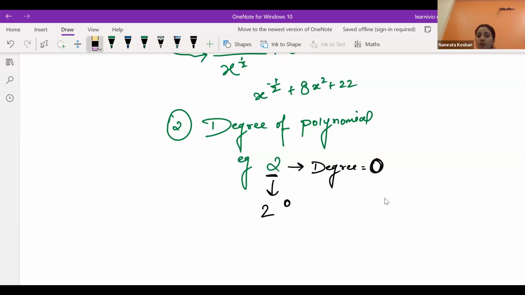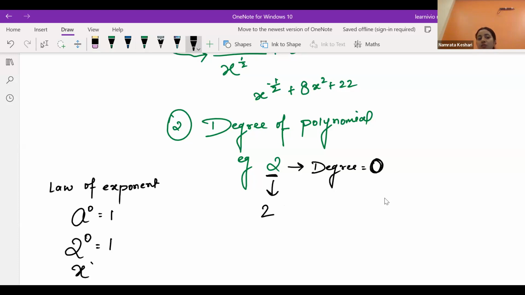Because there is a law of exponents which says that anything having power 0 is 1. So if you know that, then we can say 2 means 2 into 1.